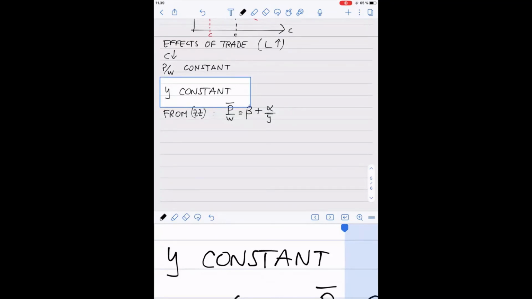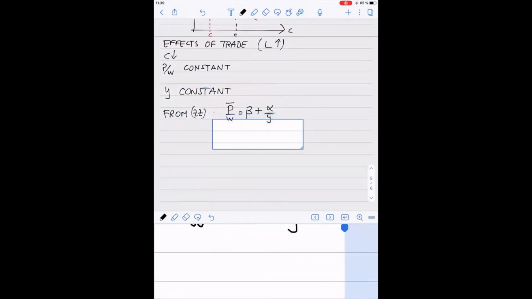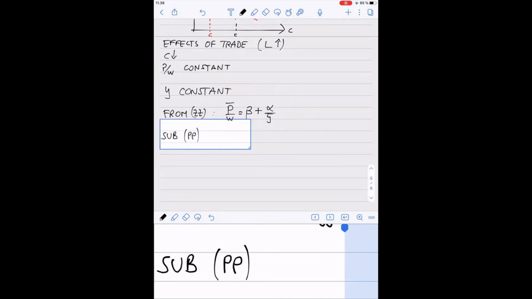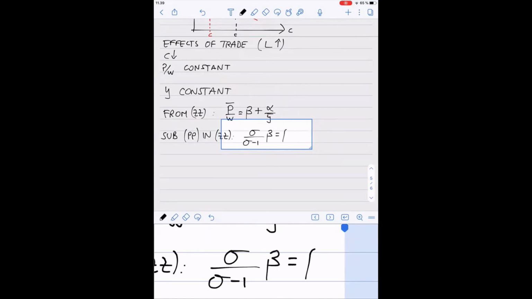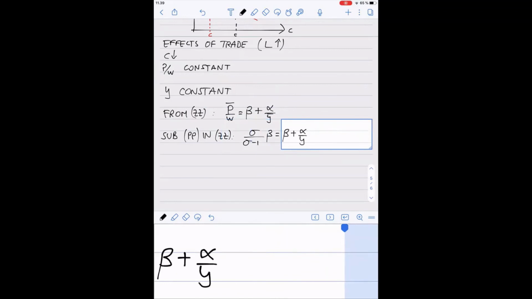Okay, so let us actually solve this out because we can find an expression for the output. Well, substituting P in the ZZ condition, what we obtain is that sigma over sigma minus 1 beta equals beta plus alpha over y.